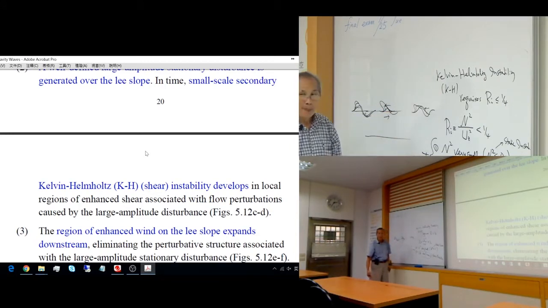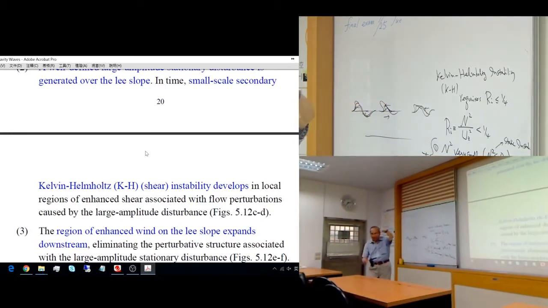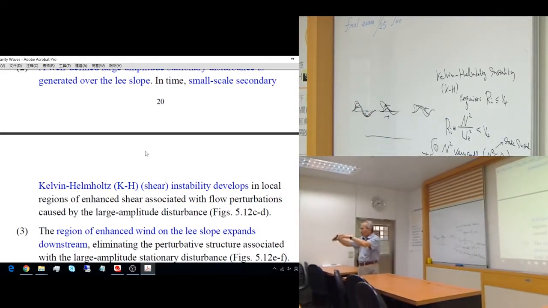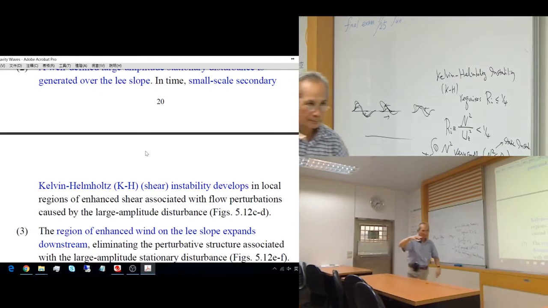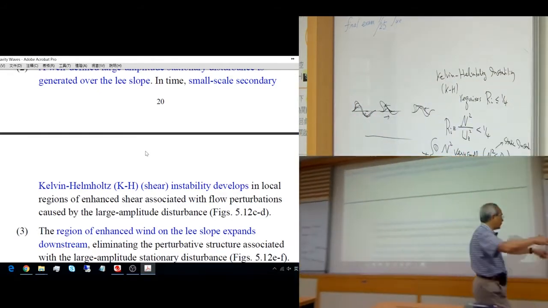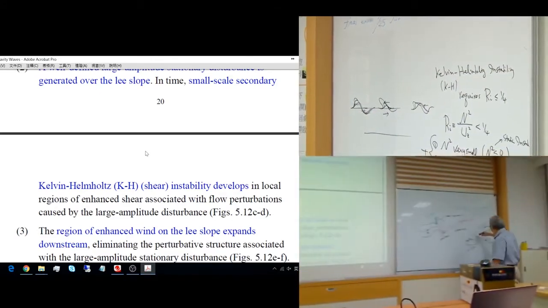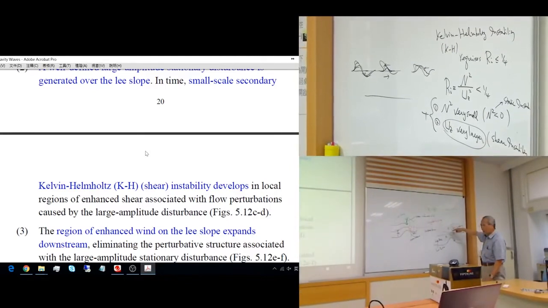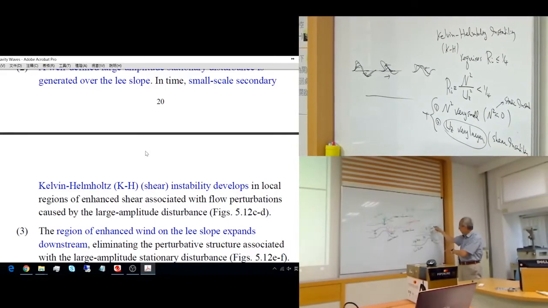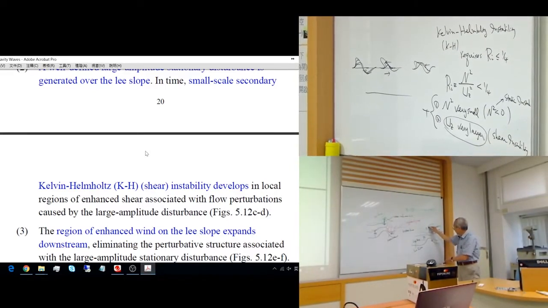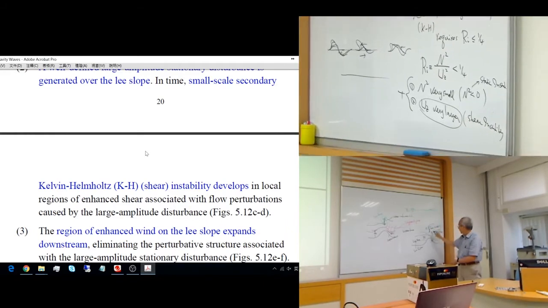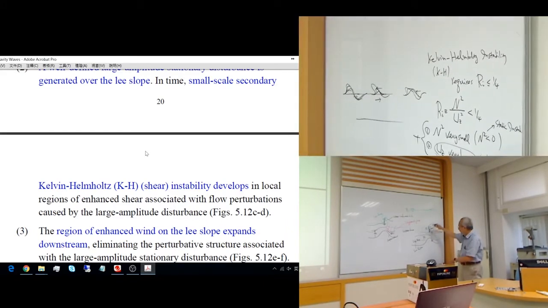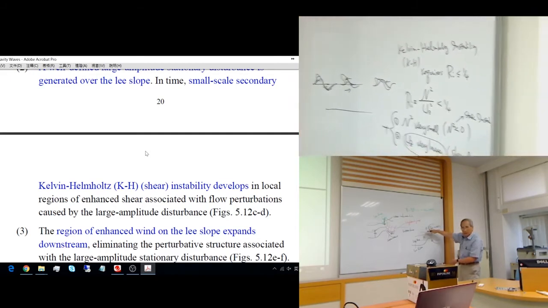Now what I'm saying is, first, over the mountain peak we develop wave steepening and overturning, and then it becomes unstable, so we have wave breaking. That's static instability, and that also traps the wave energy.